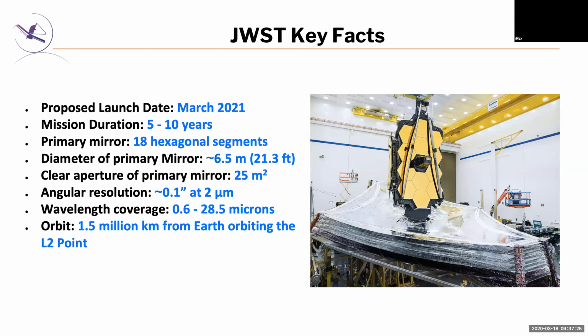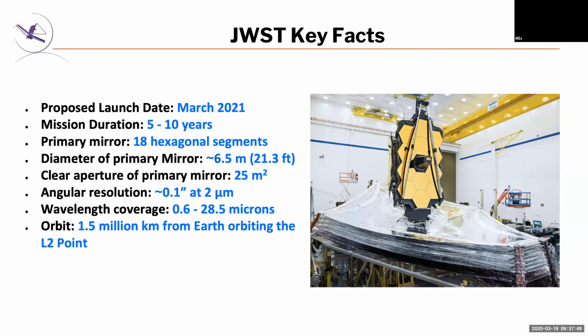It has a very good angular resolution that depends on wavelength essentially, but 0.1 arc second at 2 microns. It works in the infrared, covering from 0.6 to 28 microns. And it will be positioned at the Sun-Earth L2 point at 1.5 million kilometers.